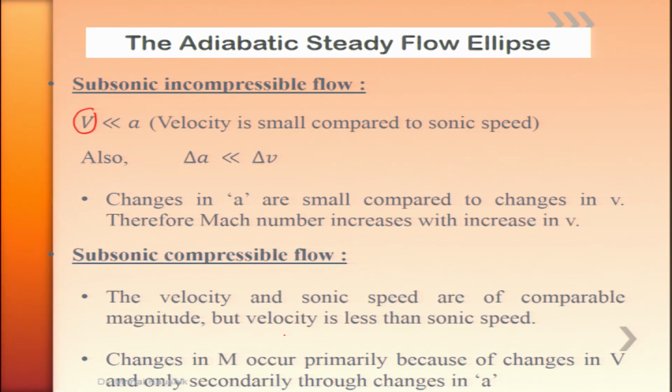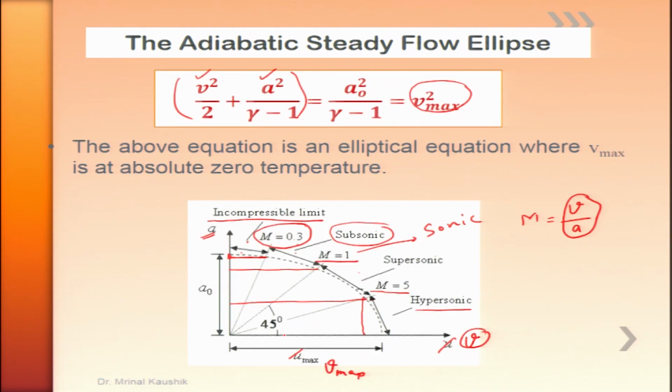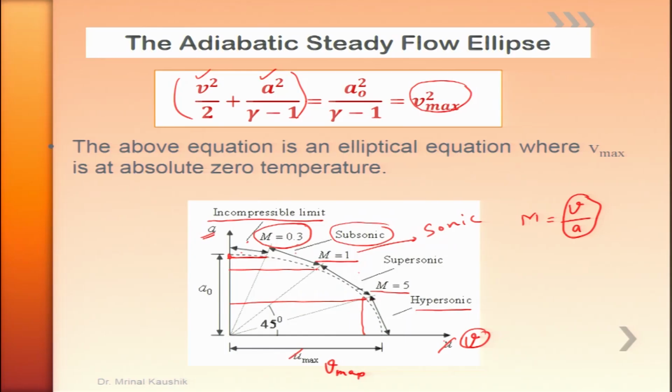However, by looking at this graph, from this zone to this zone I still cannot say that the change in velocity is much higher than the change in speed of sound, though it is higher. I can only comment that the Mach number from 0.3 to 1 is predominantly changed by change in speed, but secondarily by the speed of sound.